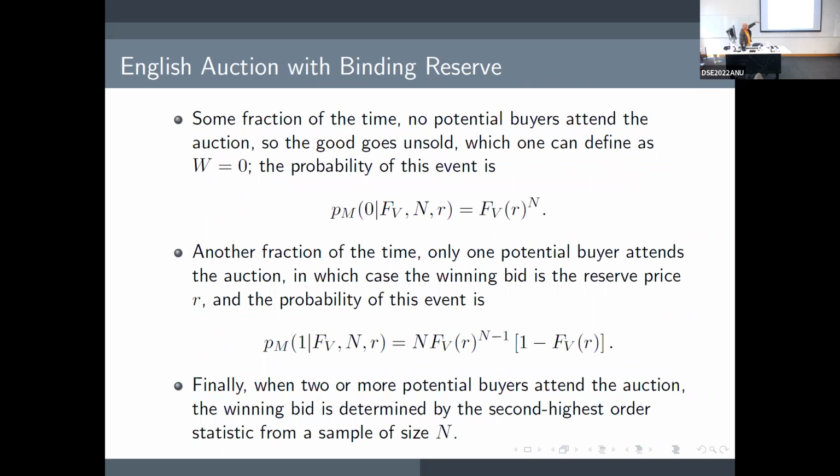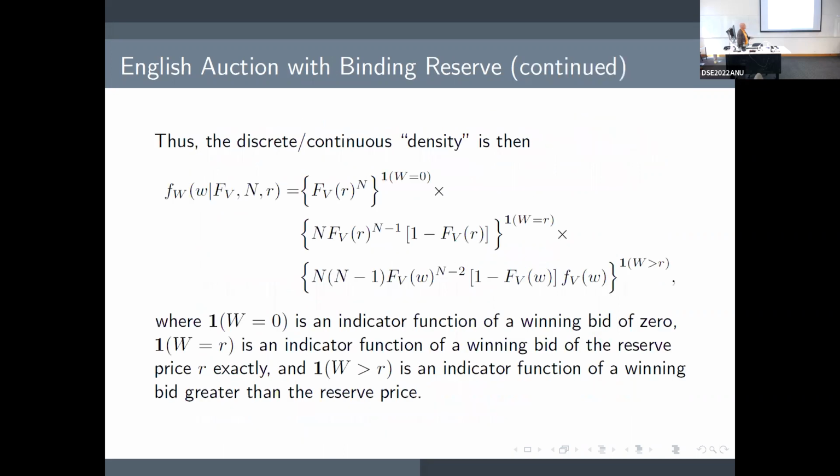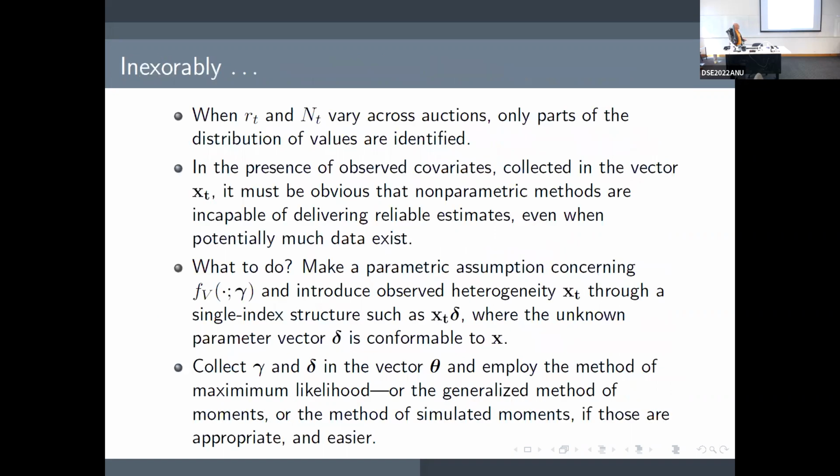So if you can calculate these particular things, and then you can build this lovely density, and then you can take the log of it, and then you can maximize it with respect to some parameters. Say, suppose you make some gamma parameter assumptions for the Weibull, and then some assumptions for what the covariates might be, and then you're good to go.